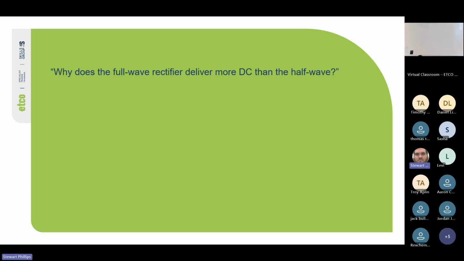Yeah, it is using more diodes, but because of that, it is using both halves of the AC waveform. So yes, it contains more diodes, so there's more cost involved, but we get more benefit out of it.